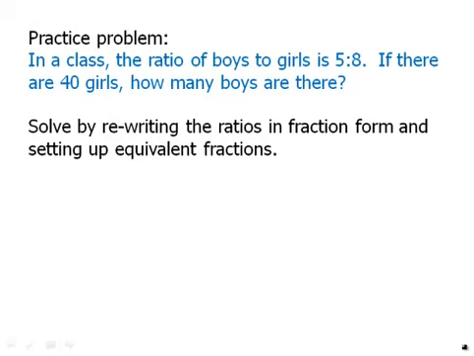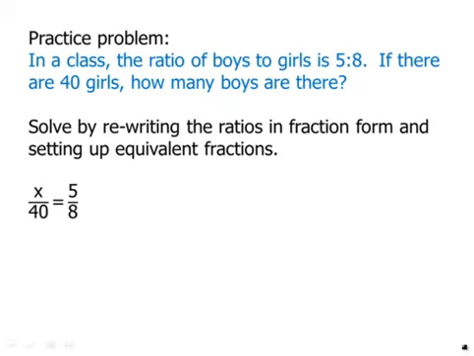So that fraction would be x over 40, boys over girls. So x over 40, boys over girls, equals 5 over 8, boys over girls. Make sure that both fractions, the numerators and denominators, represent the same things. Well, in this particular proportion, I notice there's a multiple of 8 in both the denominators.